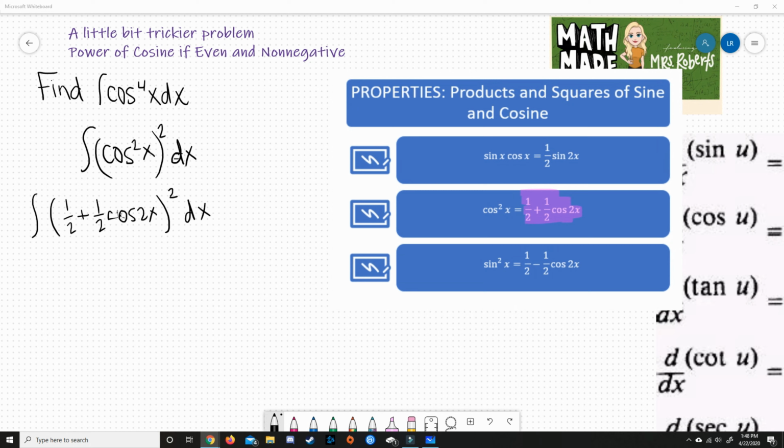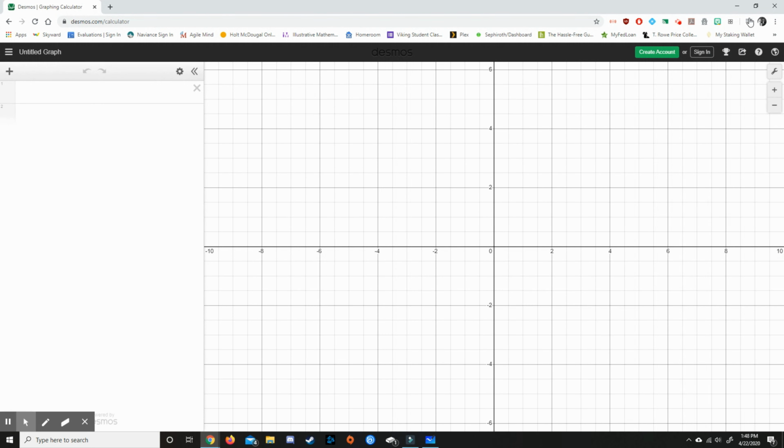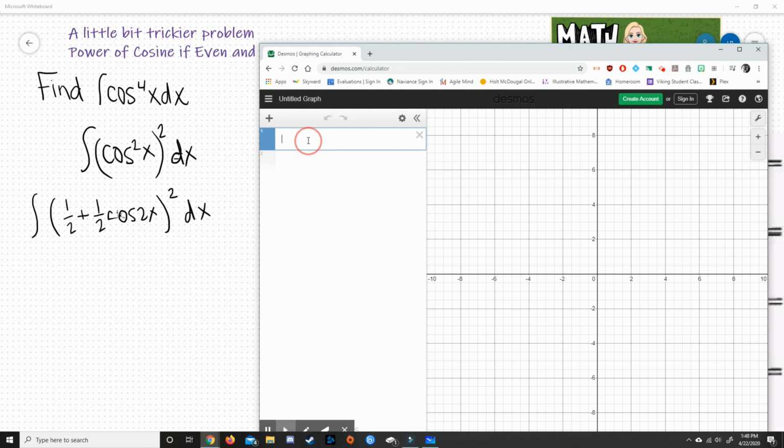So in Desmos, sorry, I'm trying to pull it up over here. In Desmos, we can type in cosine to the fourth of x. Desmos doesn't like it when you put the 4 there. So I had cosine to the fourth.